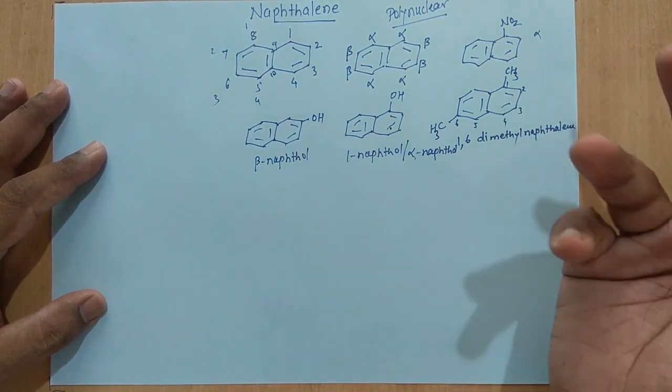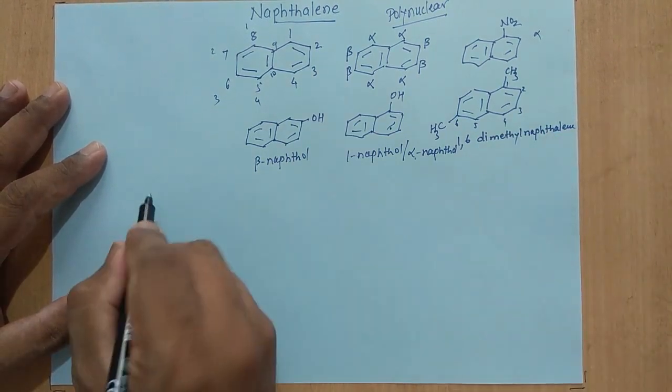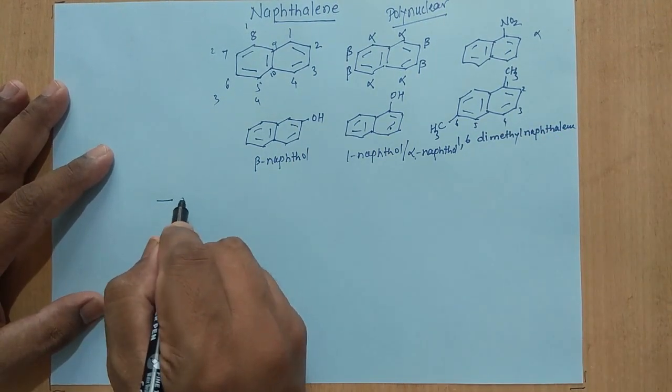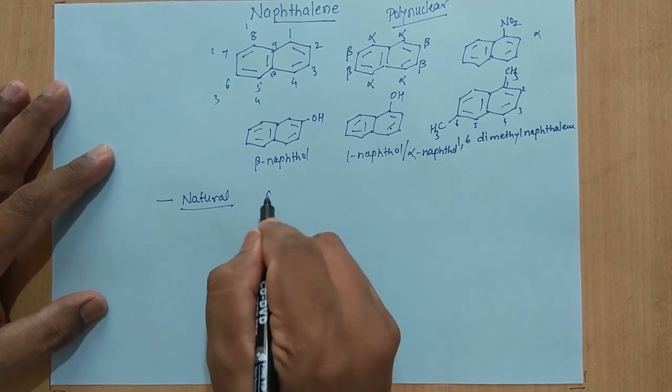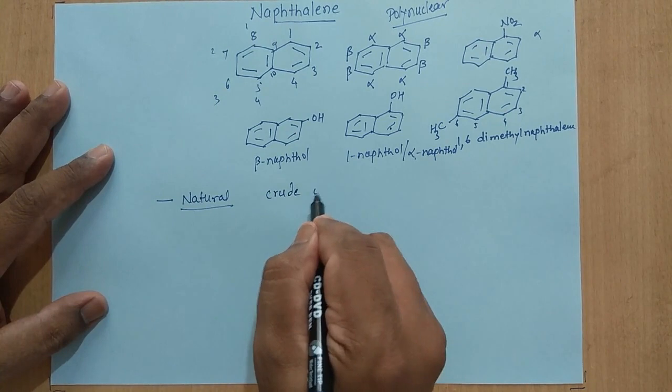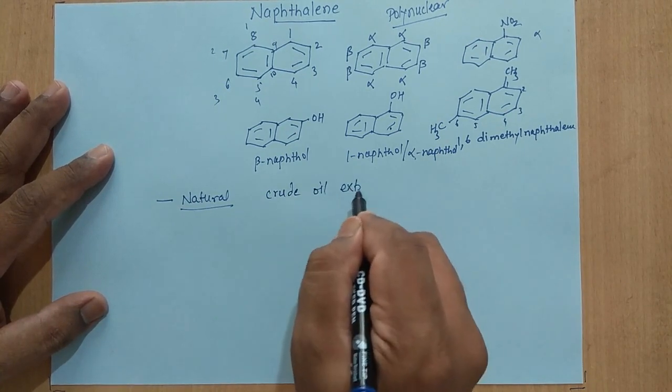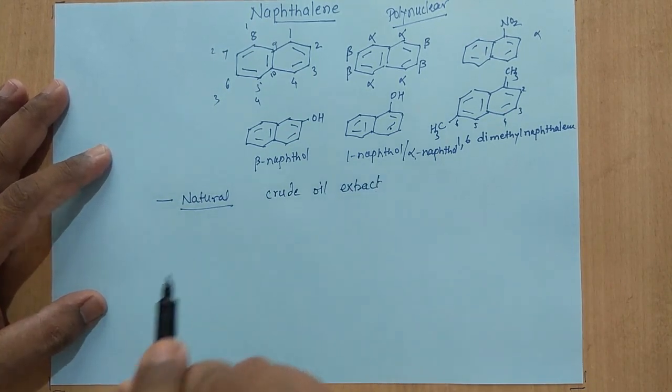Now how is this naphthalene obtained? Remember, naphthalene is obtained from natural sources, that is, it is a crude oil extract, or one of the components of crude oil.